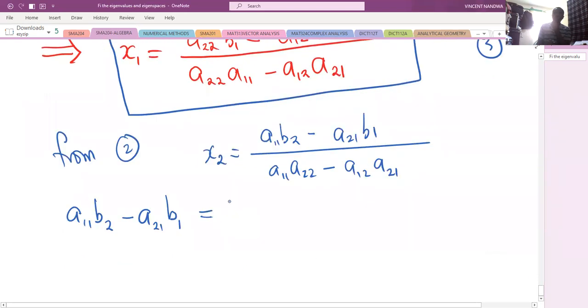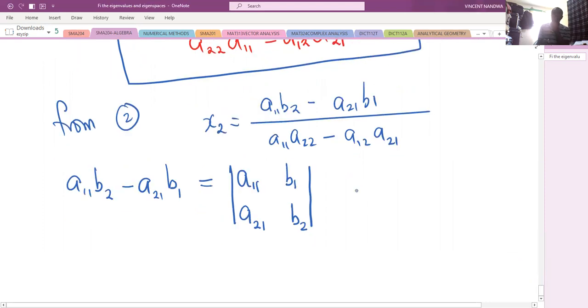we can write this one as determinant of a11, then I write here a21, then b1 b2. This is the same as this, and the denominator a11 a22 minus a12 a21 is nothing but determinant of a11, a21, a12, a22.